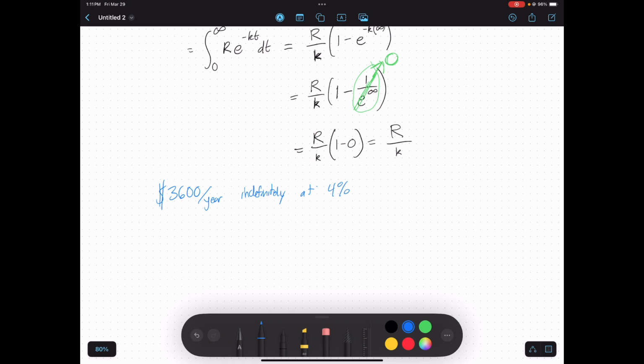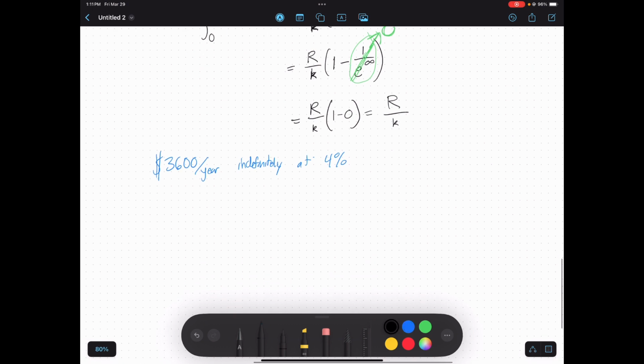Once again, I can't find future value because there is no set future, but I can find present value. My present value is just B equals R, which in our case is whatever that income stream is. So in our case, it's $3,600. That's how much I'm adding per year.